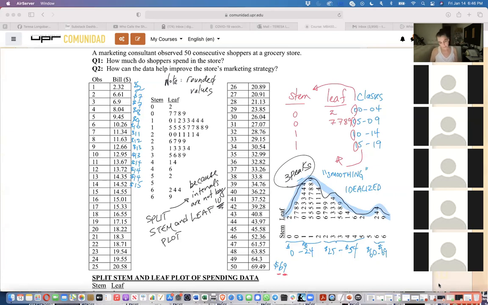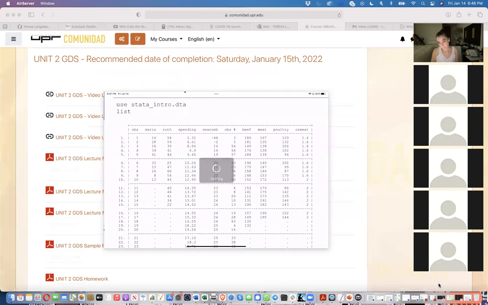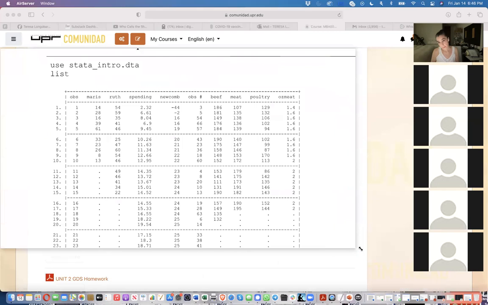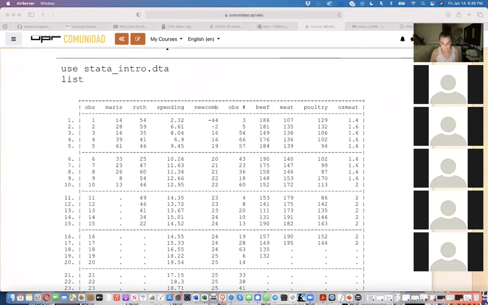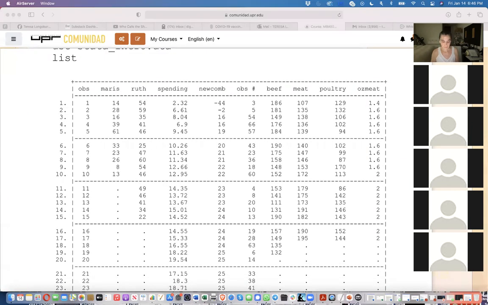Okay, so the data sets are in the document called sample problems. I like this display, but it keeps shrinking. All right, so in the sample problems document, this is the data. So this was the first data set with the baseball players.